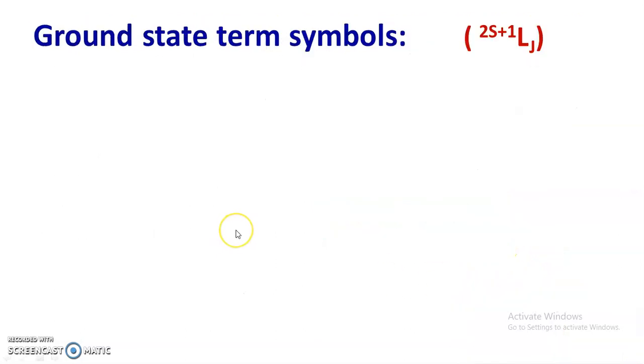Now consider another example, the ground state term symbol for helium, He. Helium has atomic number 2 and its configuration is 1s2. Two electrons are accommodated in the s orbital, and the value of l is 0 for both electrons because both are present in the s subshell.